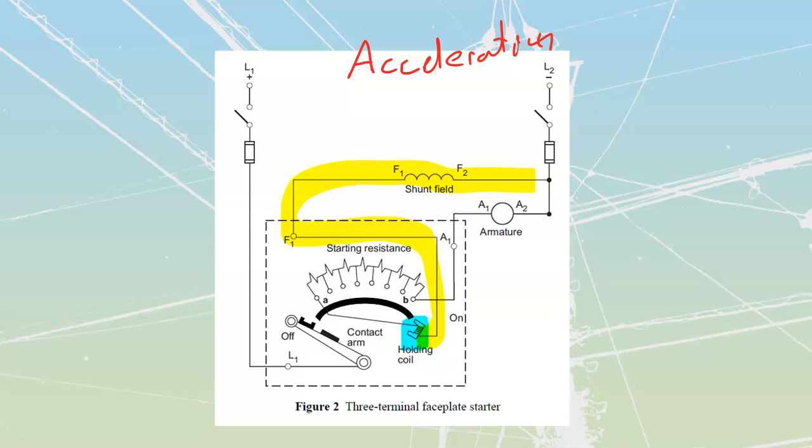It is going to be in series with this so that anytime that I lose my current, if I were to lose my shunt field, I would therefore lose current through this coil. And if I lose current through a coil, I'm going to lose magnetism through a coil. It's going to allow me to release something. In this case, it's going to be this control arm that we're going to be looking at. This is just going to be a protective device that I'm going to have over here.